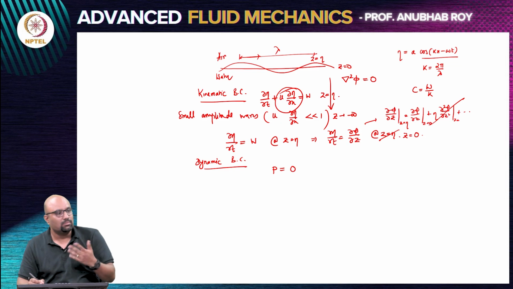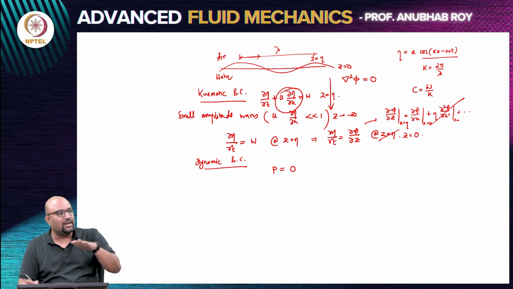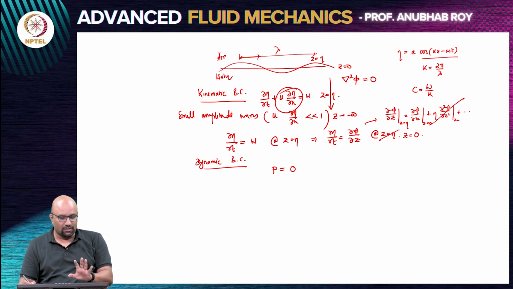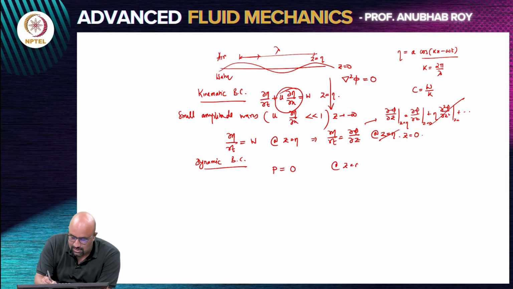You can assume P atmospheric and then again absorb it, but it is a constant pressure that is applied on the free surface. So that's my dynamic boundary condition because I am not considering right now any effects of surface tension. I have ignored surface tension in this particular problem right now. I have kept it as the bare minimum that we need to do. So we will say P is equal to 0 at z equals η.